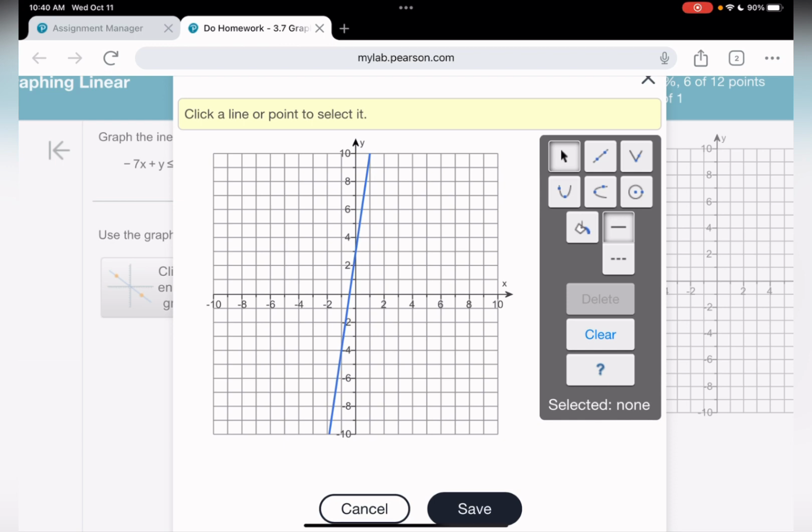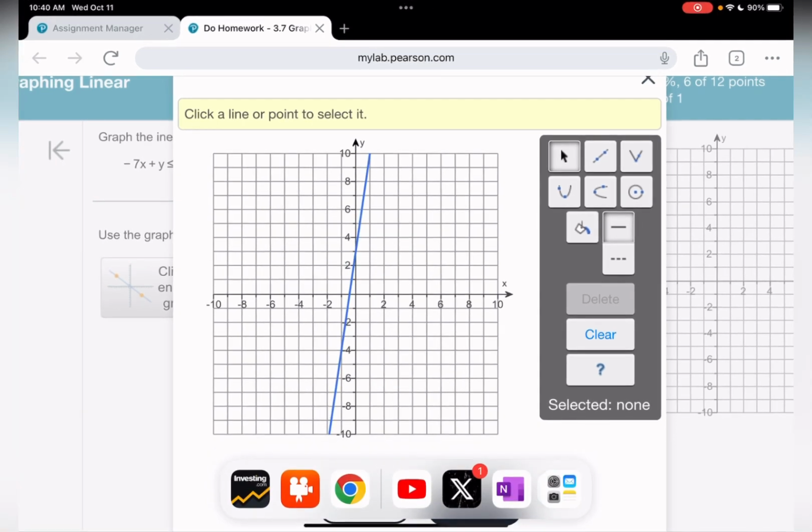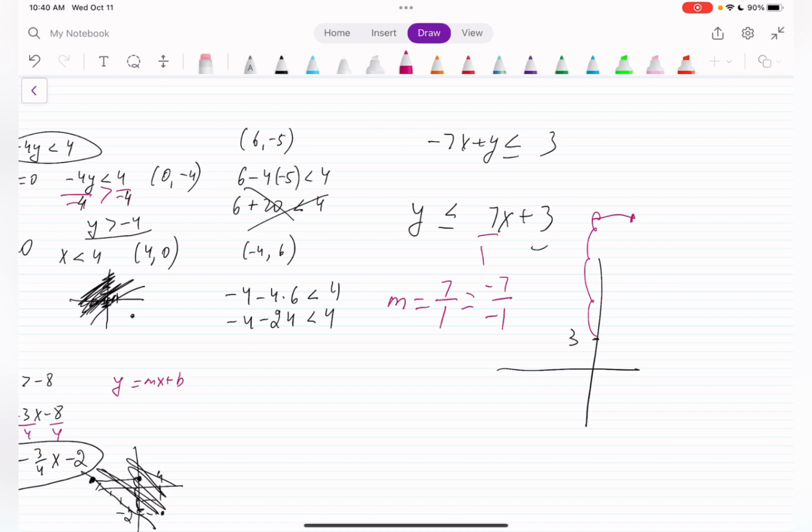Now we need to figure out which way we are shading. So the graph is going to go like this. I'm taking a point here, let's say positive 5 and positive 2, for example. 5 and 2, taking on the right side, this side.